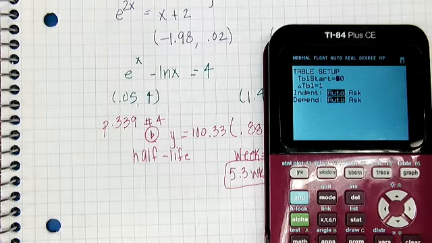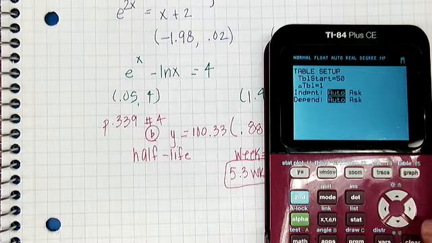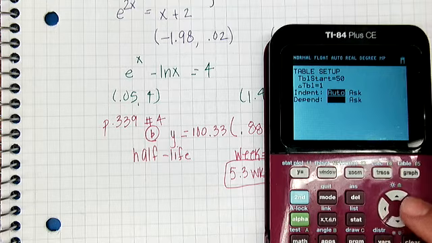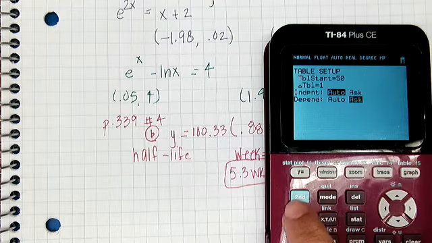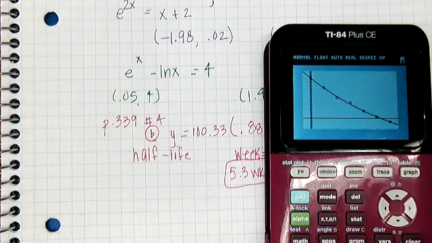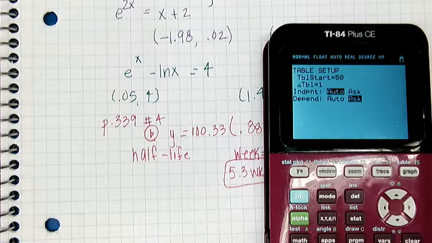The other way you can do this, be careful. I'm going to plug in independent variable as X, and I'm going to change my dependent to ask. If you go back to your graph, I think I just messed that up.